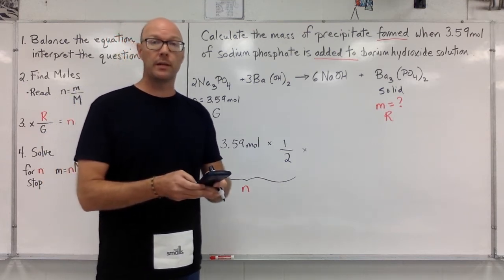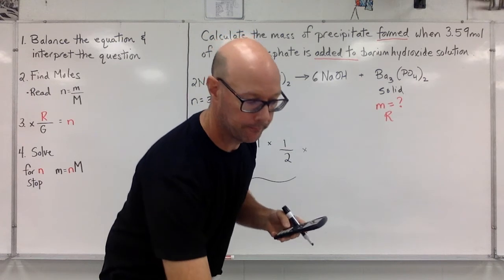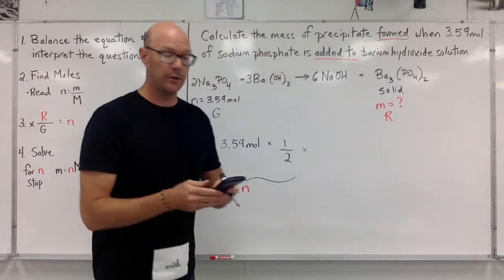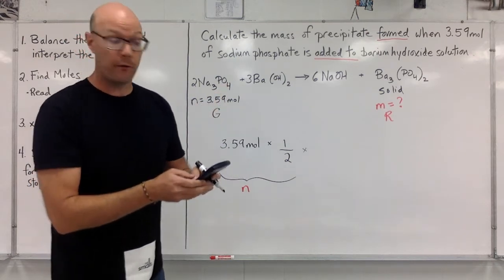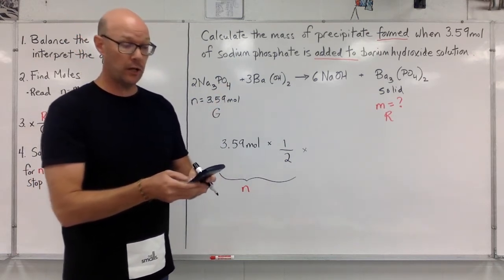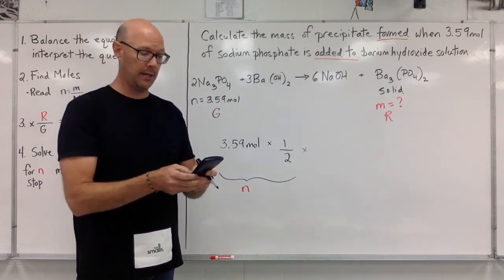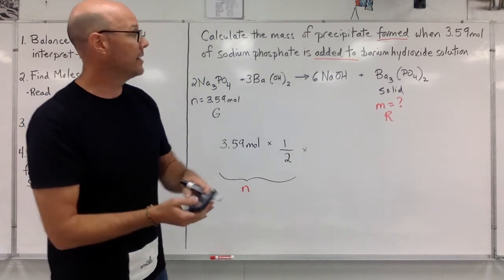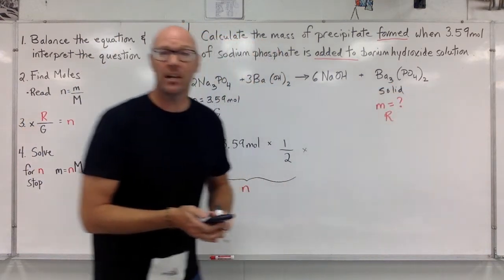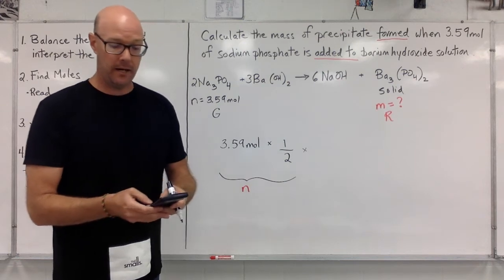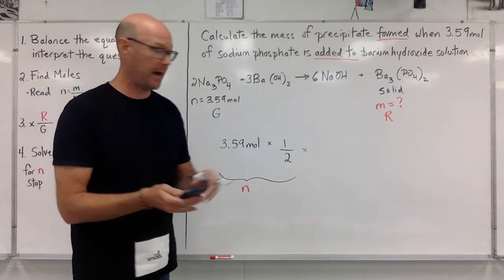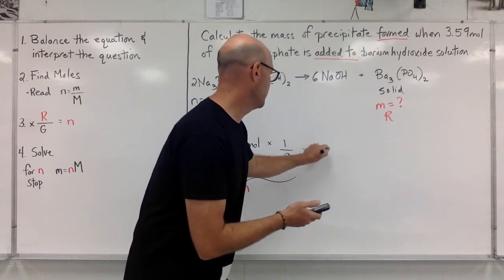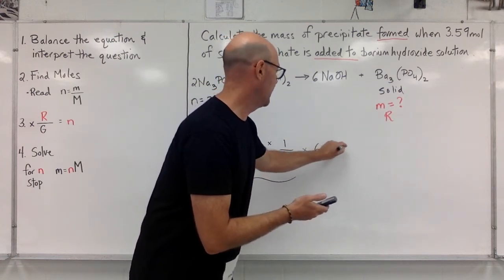I'm double checking. 137.33 plus, that's 2 phosphorus. Phosphorus is 30.97. And that right there is 8 oxygens, 8 of them at 16 each. Really big molar mass, 601.93.